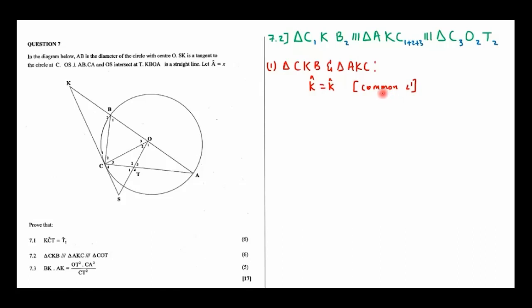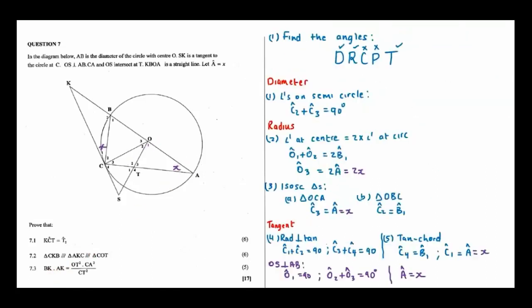Then the second angle will be me trying to see if I have information about C1 being equal to A, or B2 being equal to C1 plus C2 plus C3, right? So now here, I'm going to start with C1 equals A. So do I have something that tells me in my instructions that C1 is equal to A? So I'm going to go back there and see. So going back there, yeah, right?